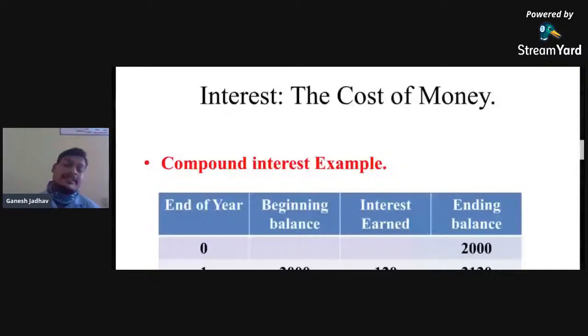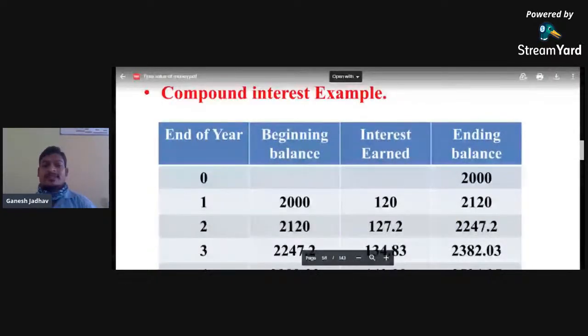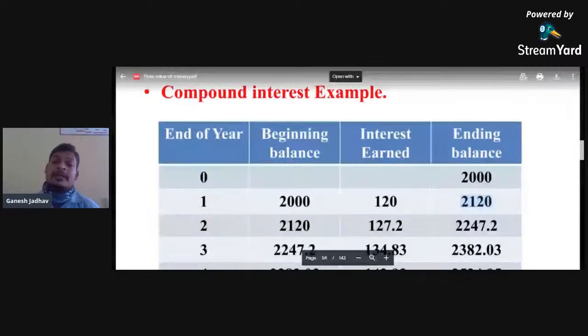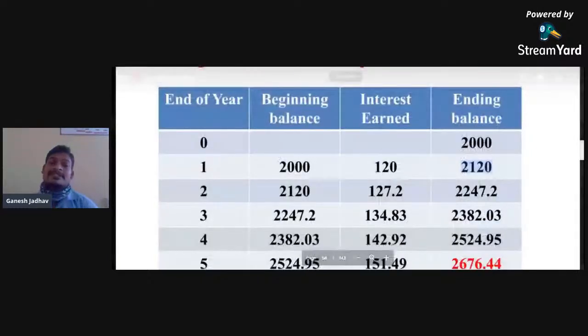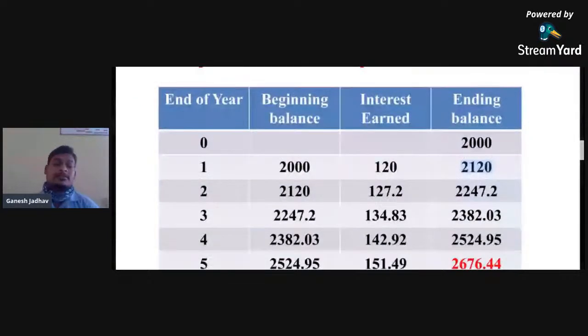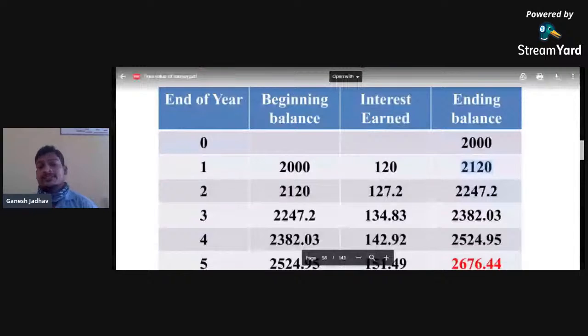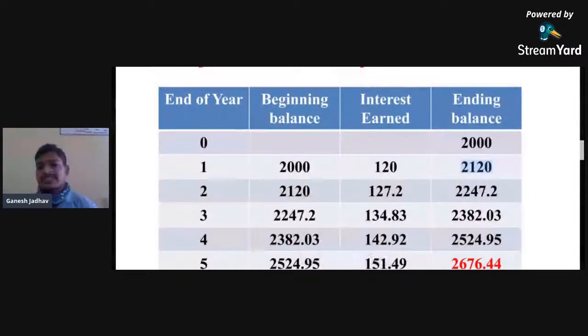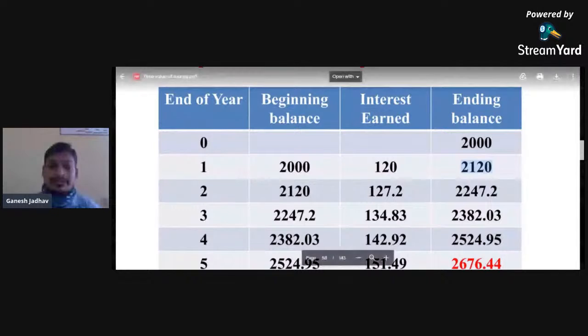At the end of the year, the beginning balance is 2000 rupees, then the interest earned is 120, and the ending balance is 2000 plus 120, that is 2120. But in compound interest, the beginning balance changes as per the second year.